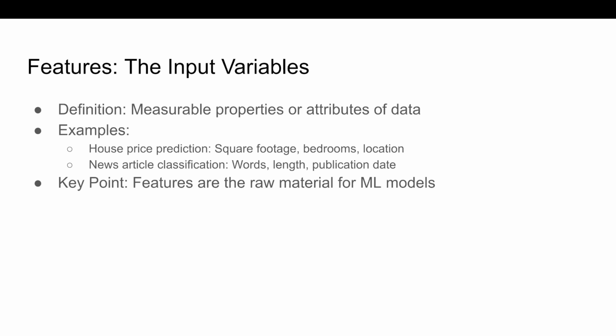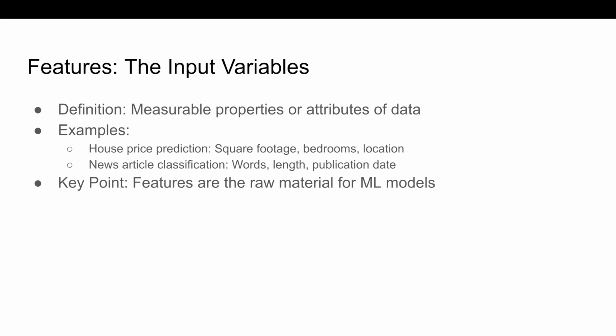Let's consider another example. Say you're creating a system to automatically categorize news articles. Here, your features could be the words and phrases contained in the article text, the length of the article in number of words or characters, the publication date and time of the article, the author or source of the article, metadata tags associated with the article.